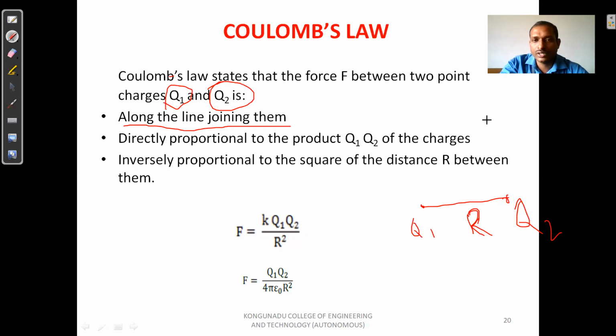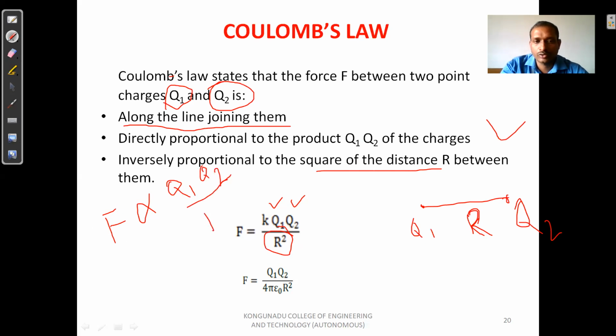It is directly proportional to the product of the charges q1 and q2, and inversely proportional to the square of the distance r. So F is directly proportional to q1 into q2 divided by r square. This is Coulomb's law.